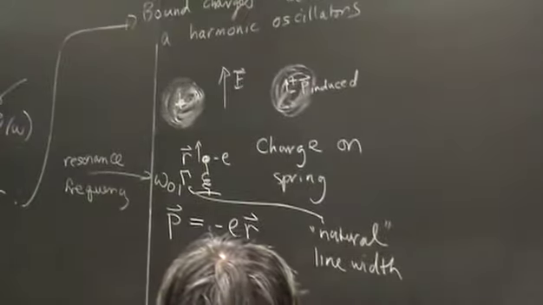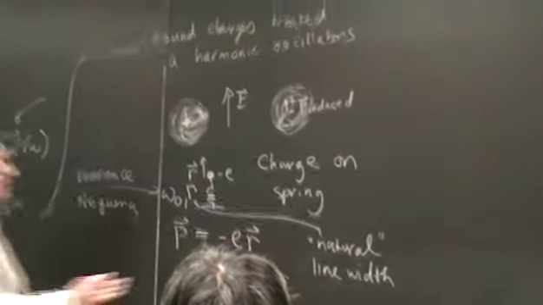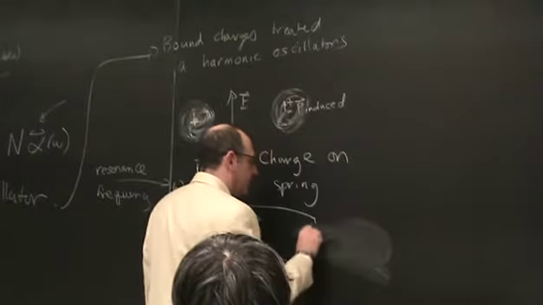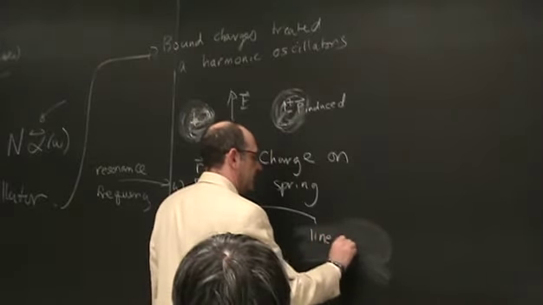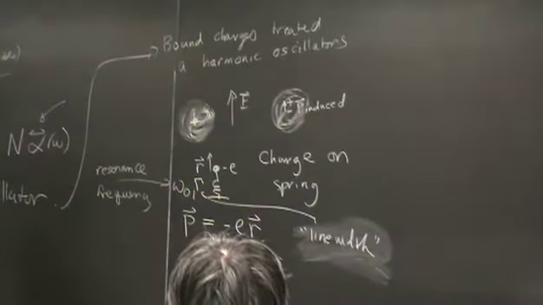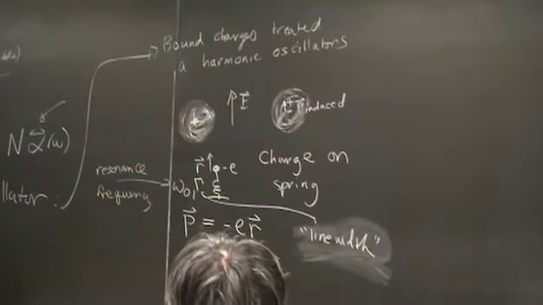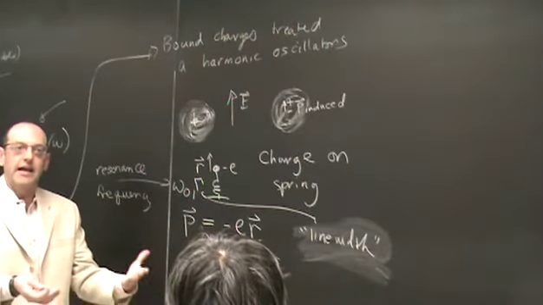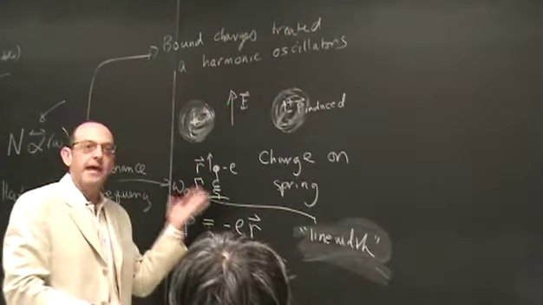It doesn't actually have to be the natural line width. It could be due to collisions. Let me just call it the line width, whatever is giving rise to that damping. There might be collisions between the molecules that would also tend to dephase the oscillator and cause it to decay. Whatever it is, it has some damping rate.